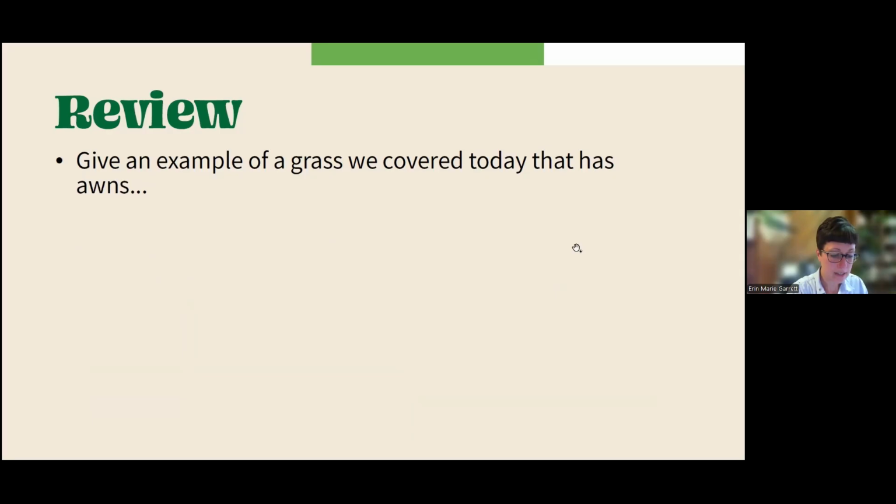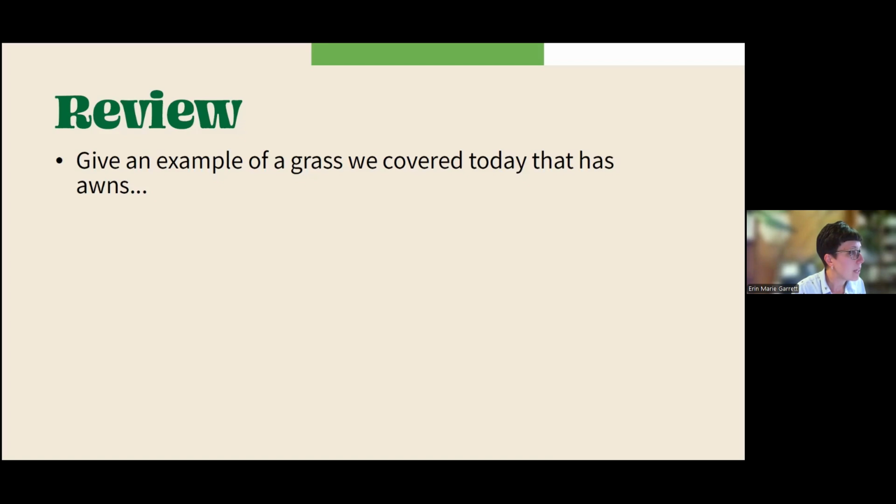Okay, next, we should have a lot of options for this one. What grasses did we look at today that had awns? Looking for grasses with awns. Okay, excellent.